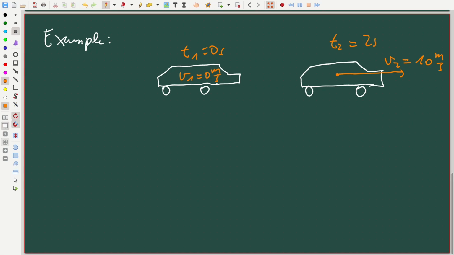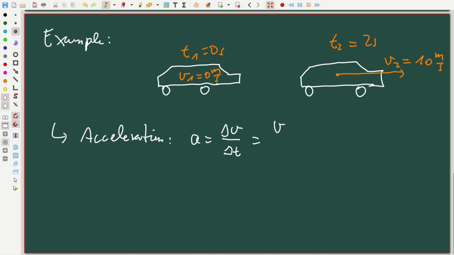So after 2 seconds the car has this speed, and now we can calculate the acceleration from that very easily with the definition that we have stated before. The acceleration a is delta v over delta t, which means we can write this as v2 minus v1 divided by t2 minus t1.